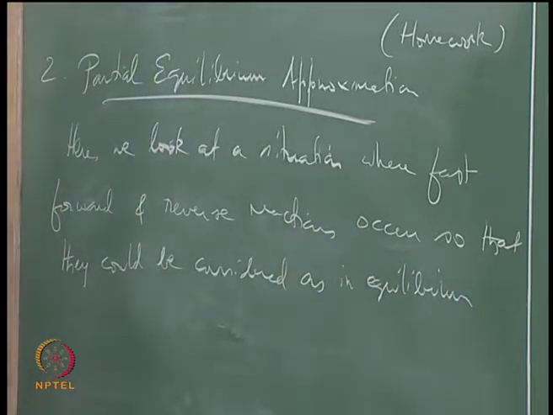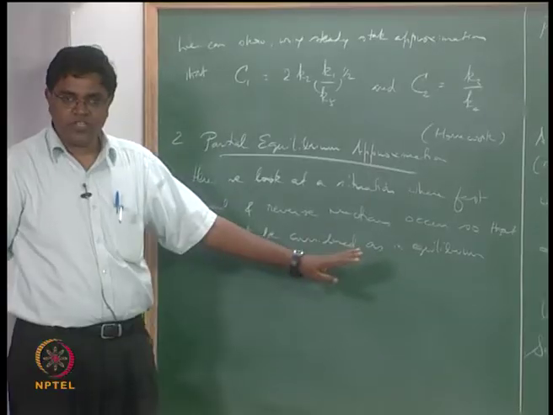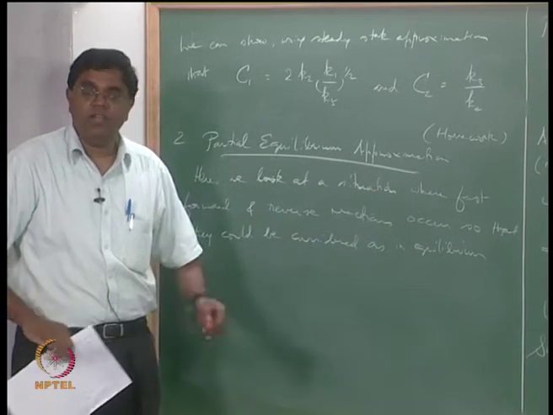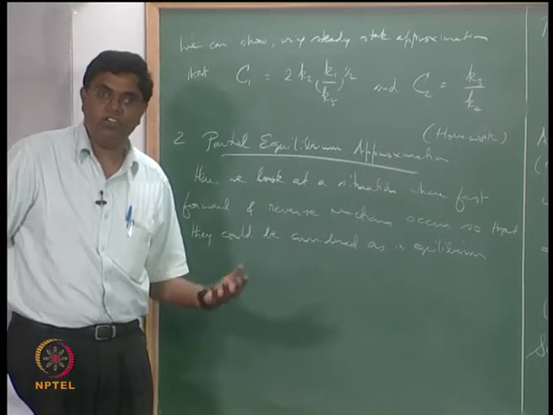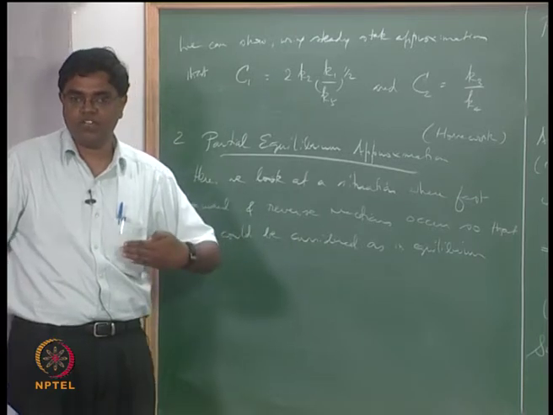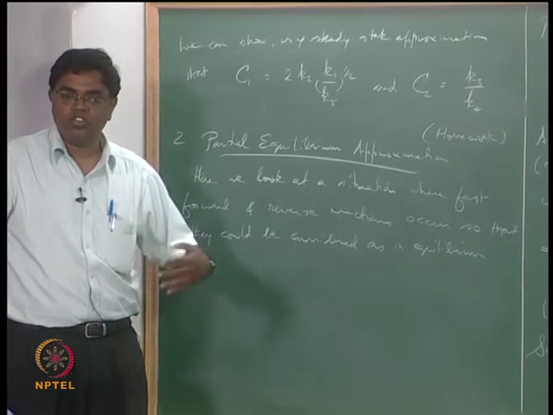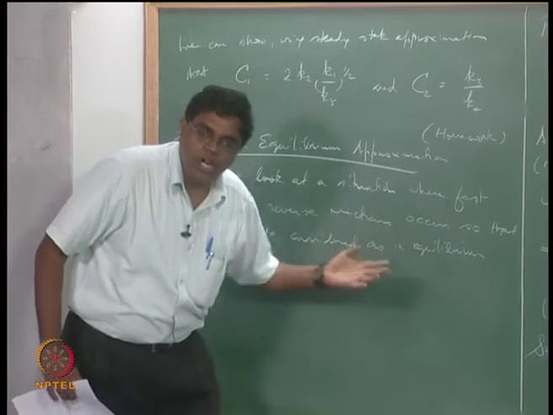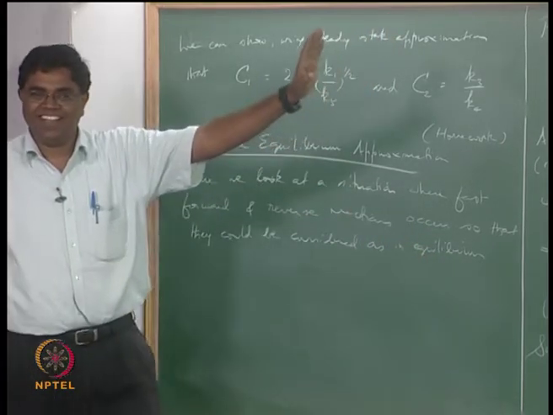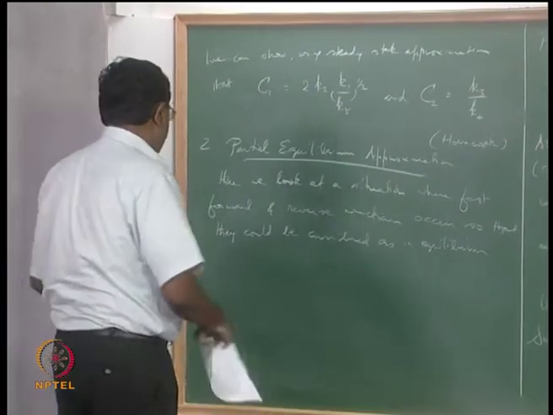Actually we are saying something about their rates. It is not just that they are fast and therefore those reactions are in equilibrium. Essentially when you say something is in equilibrium, we are saying that the forward reaction rate is equal to the backward reaction rate, the reverse reaction rate, okay. So we are basically saying, let us not worry about how fast it is, it is all fast, okay, so they are all equal, right. That is exactly what you are saying here.